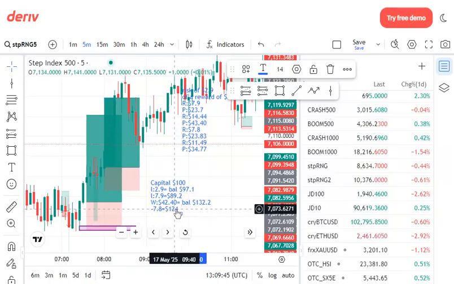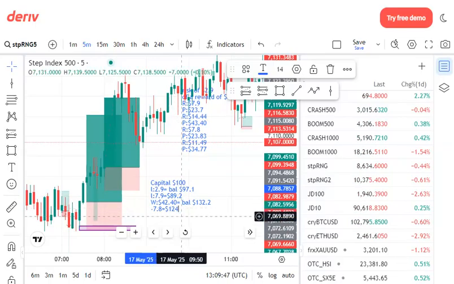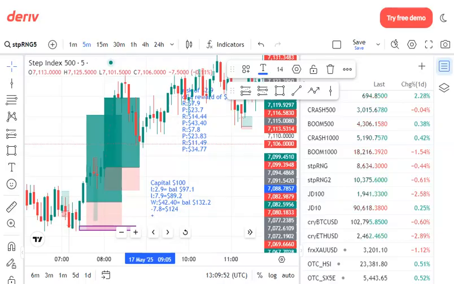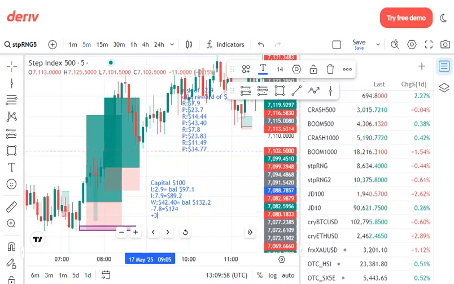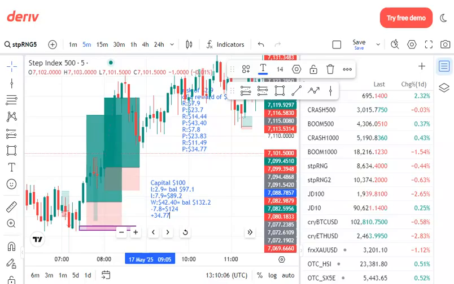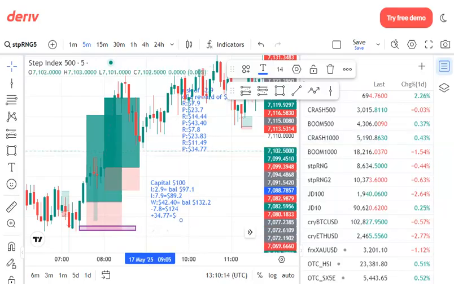So well, we had a cross, we get 34.77 USD plus $124. So let's talk about our balance in the calculator.